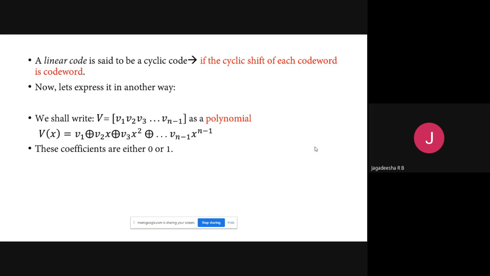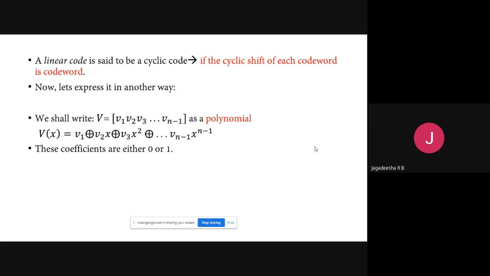We shall write v is equal to v1, v2, v3, ... vn minus 1 as a polynomial. How to write it as a polynomial? We are associating a polynomial with it, so that we write it as v of x is equal to v1 plus v2x plus v3 multiplied by x square plus v4 multiplied by x cube and so on, vn minus 1 multiplied by x to the power n minus 1.